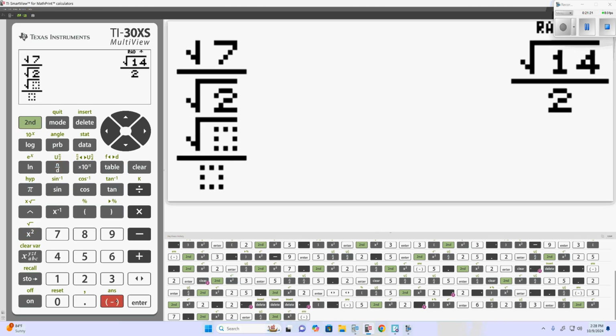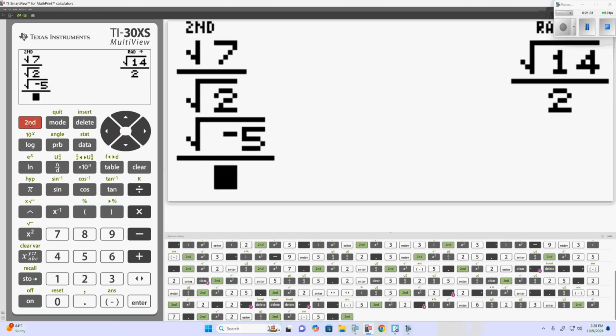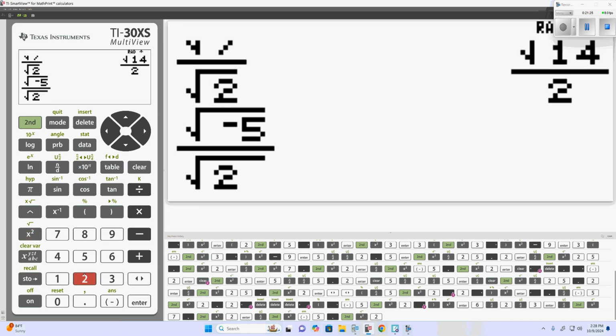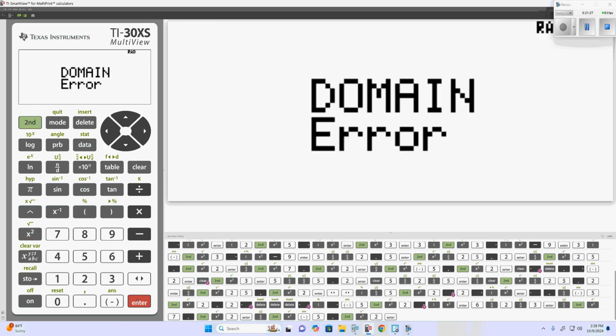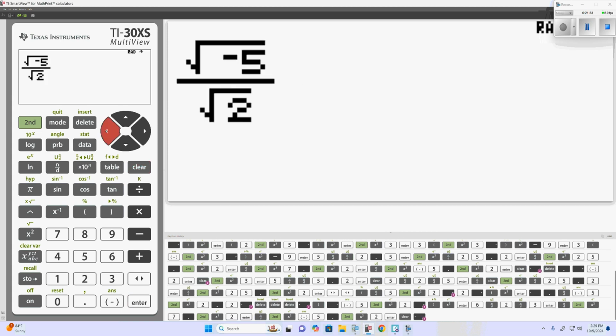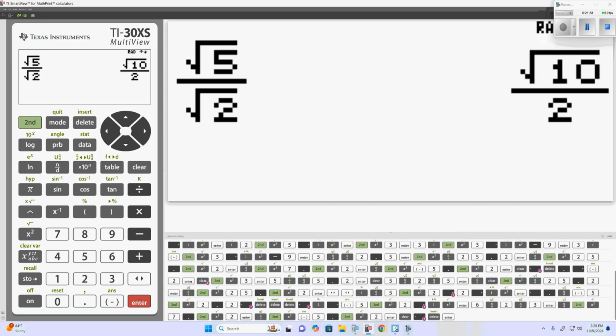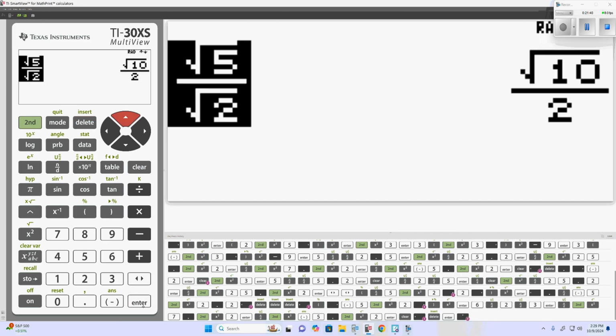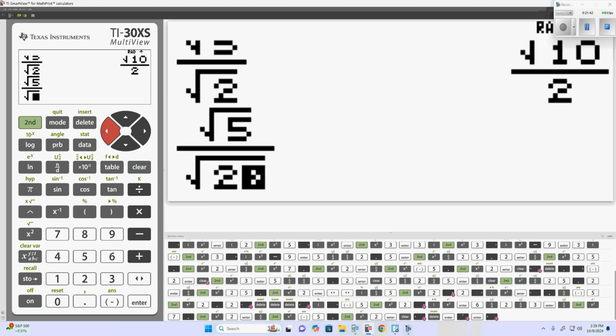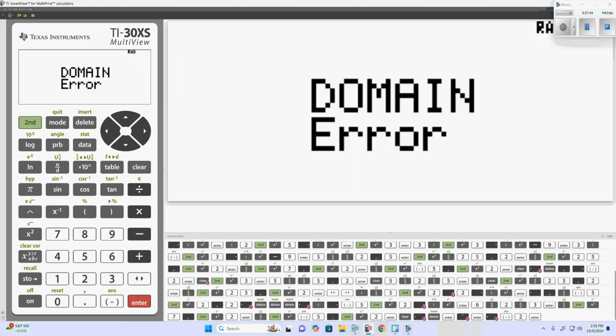So we can say the square root of negative 5 over the square root of 2 is... domain error. Okay. Well, square root of 5 over 2 works, but that's not what we're taking because we need the negative either in the top or bottom.